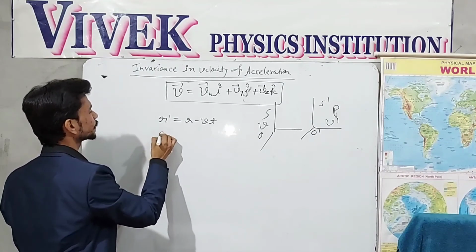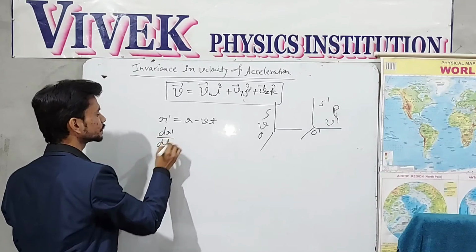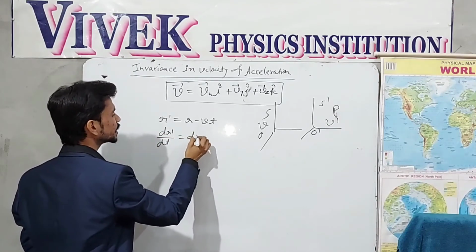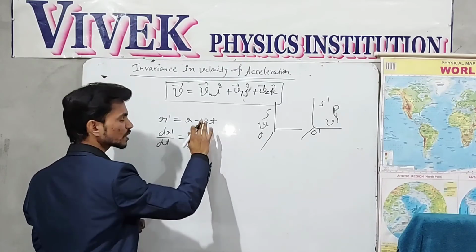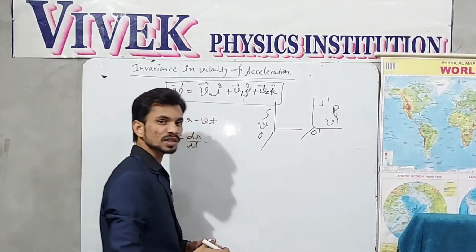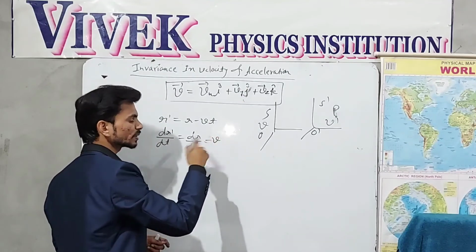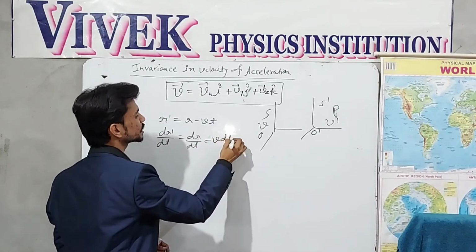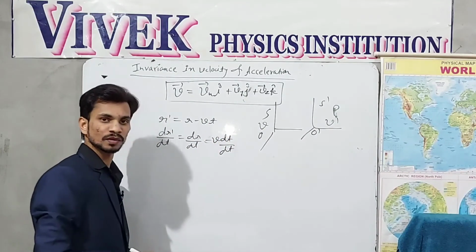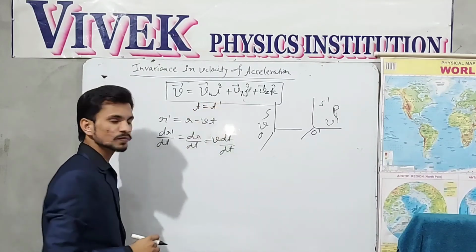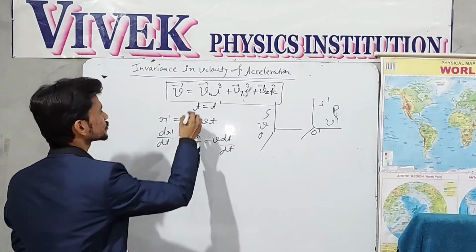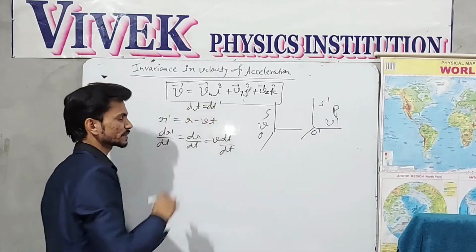This is dr dash over dt equal dr over dt minus v dt over dt, as v is constant, because the frame is moving with the constant velocity v, so this can be taken out from the operator. Also time was absolute, t equals t dash, so dt will equal dt dash.